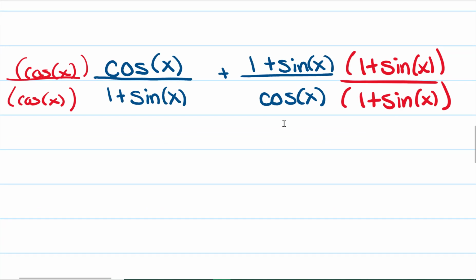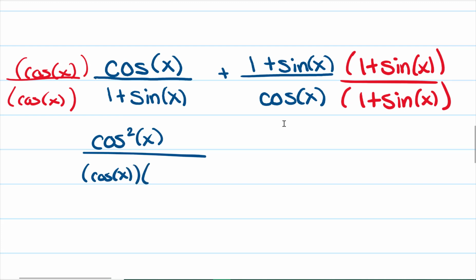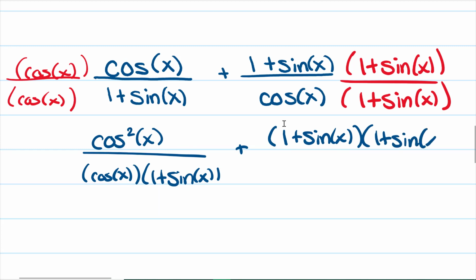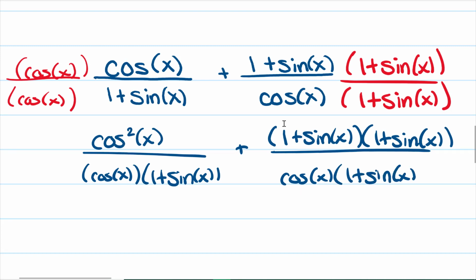So cosine times cosine is cosine squared. And then it's going to be over cosine of x times 1 plus sine of x, plus, and I'll worry about multiplying these in just a minute, 1 plus sine of x, all over cosine of x times 1 plus sine of x.